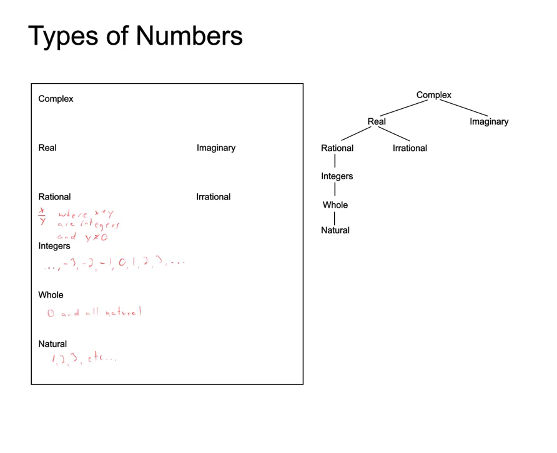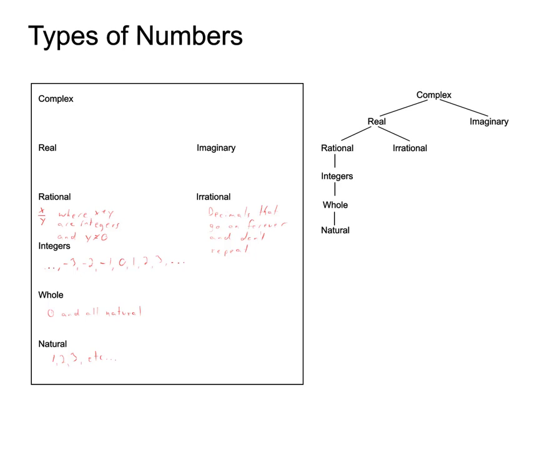Irrational numbers are numbers that cannot be written as a simple fraction. So the irrational numbers have essentially two things that distinguish them. They are decimals that go on forever, and they are decimals that do not ever repeat. So we have numbers like pi, e, the square root of 2.